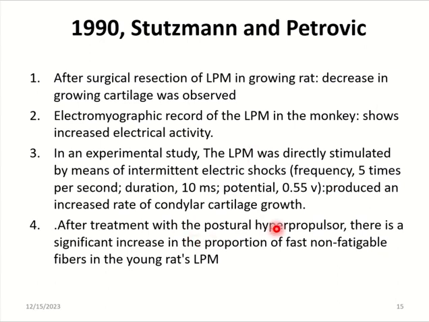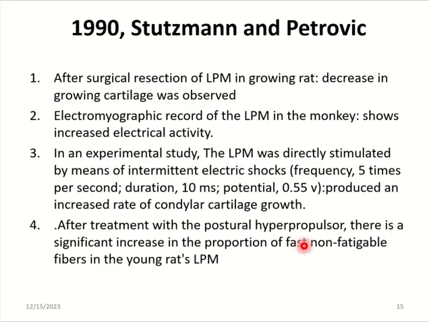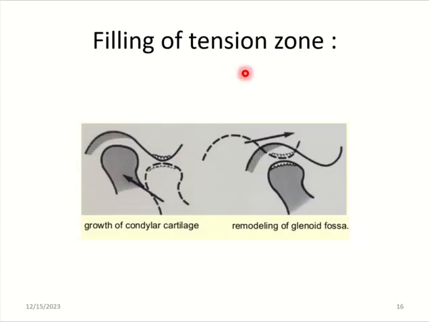of condylar cartilage growth. After the treatment with the postural hyperpropulsor, that means the mandible was brought forward, the condyle is stretched, and a significant increase in the proportion of fast, non-fatigable fibers was noticed in a rat's LPM, filling in the tension zone.